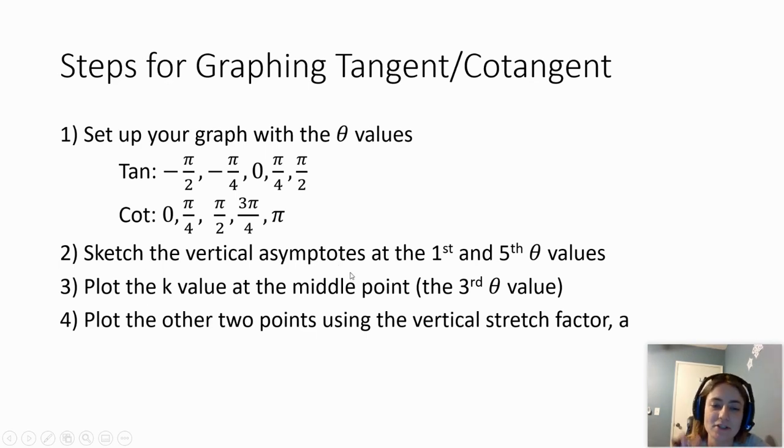And then we sketch the vertical asymptotes at the first and fifth theta values in this list here. We plot the k value at the middle point, which is the third theta value in these lists. And then finally, we can plot the other 2 points using our vertical stretch factor a.